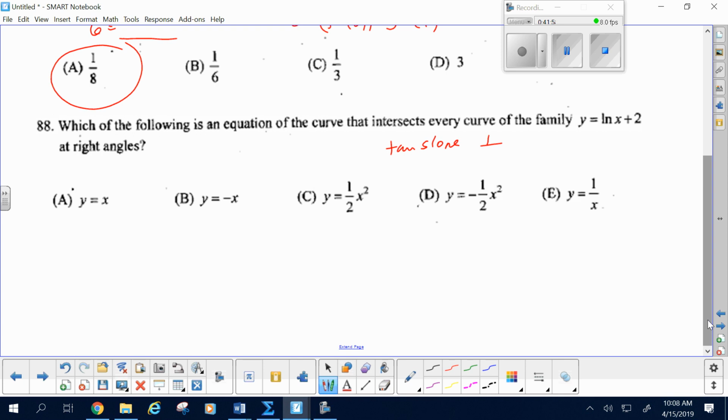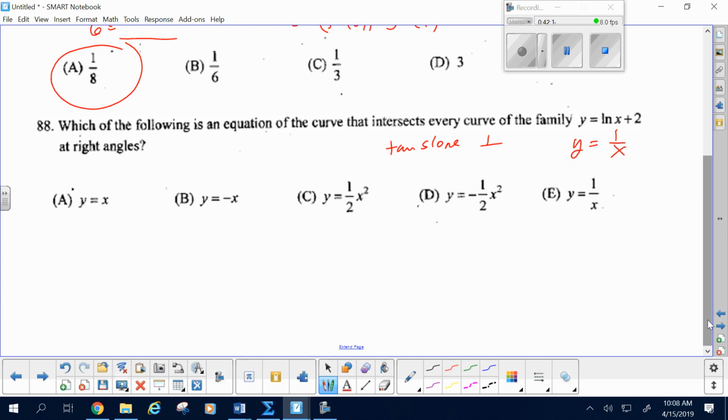So for example, if the derivative of this is 1 over x, then at the point where they meet, their slopes have to be perpendicular.